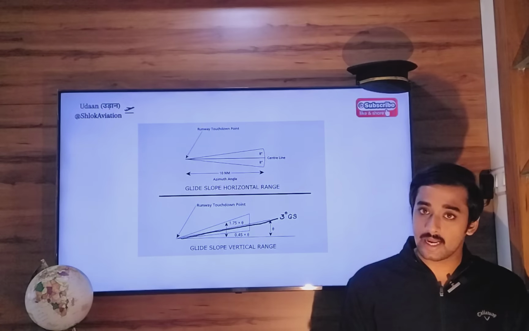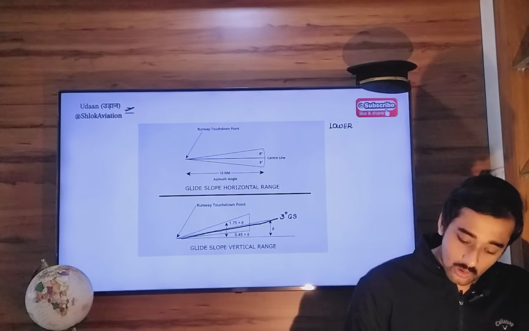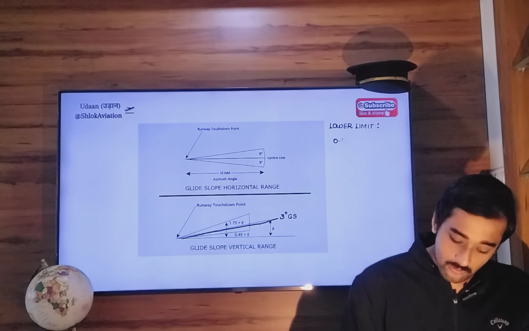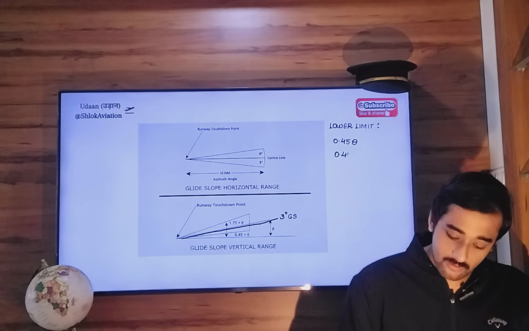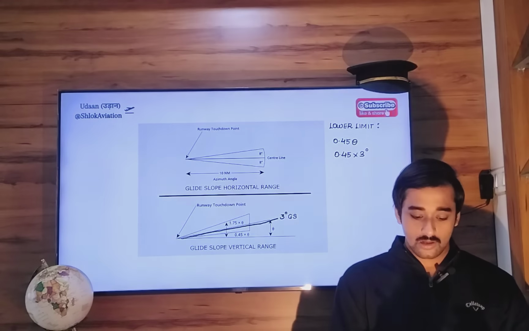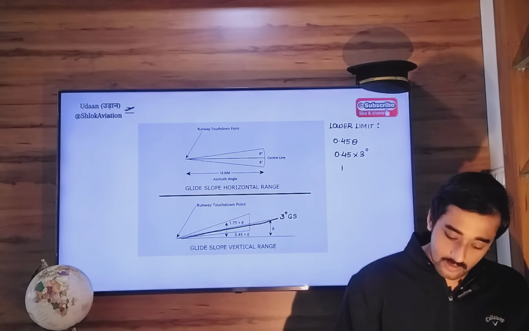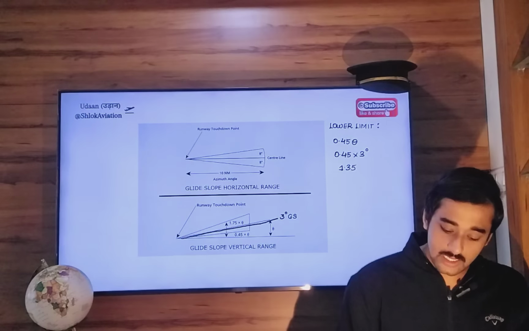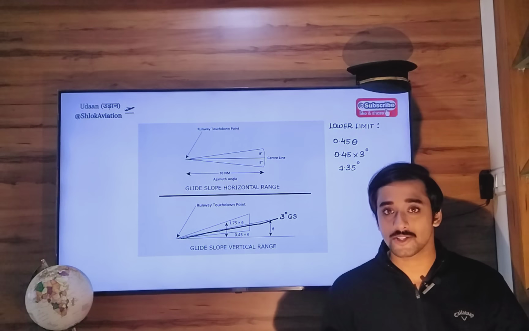So for a 3 degree glide slope, the lower limit is 0.45 multiplied by theta, so 0.45 multiplied by 3 degrees. 0.45 into 3 is 1.35. So you can go up to a maximum of 1.35 degrees below the standard glide slope.